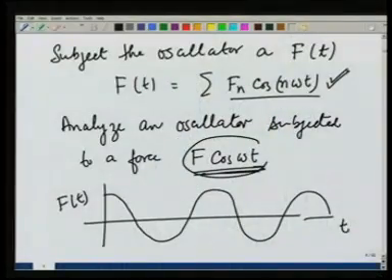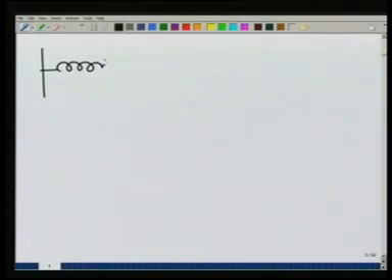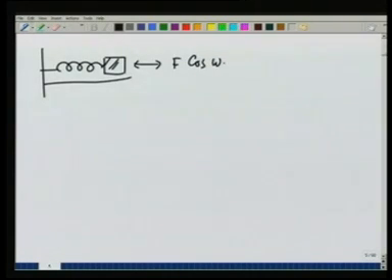For the time being, we focus on one frequency force being applied to the system, and therefore, the system I am looking at is a spring, mass at the end of it, and it is being subjected to a force F cosine of omega t.